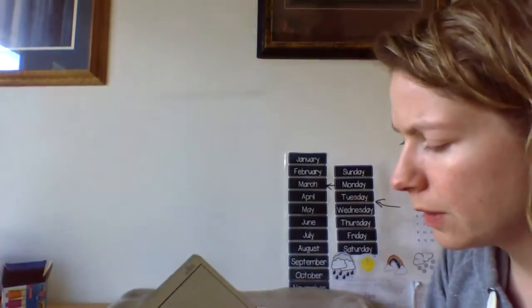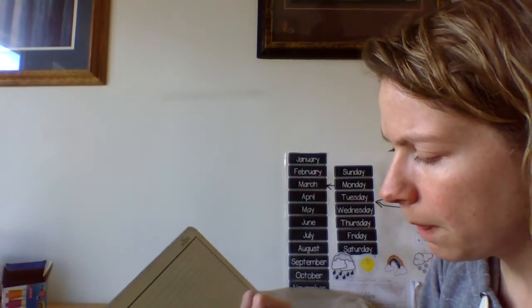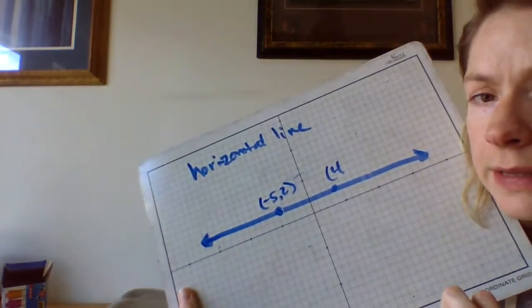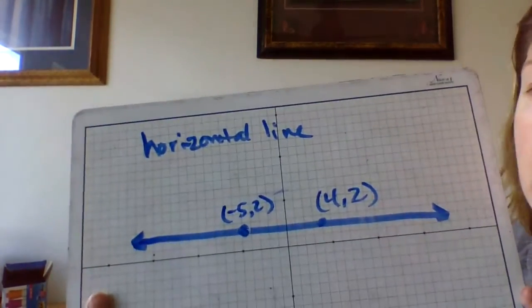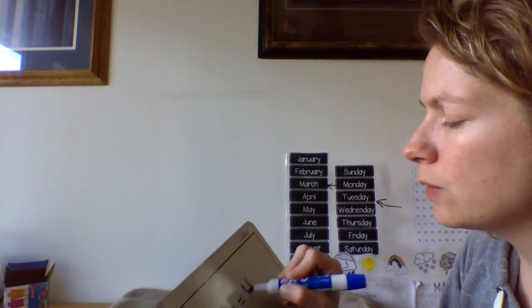This one goes back 5 and up 2. This one goes over 4 and then up 2. And so on. You'll notice that y coordinate never changes. So these ones have that form y is equal to a number.